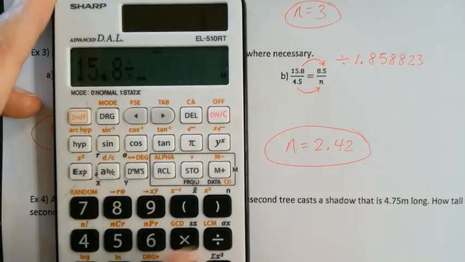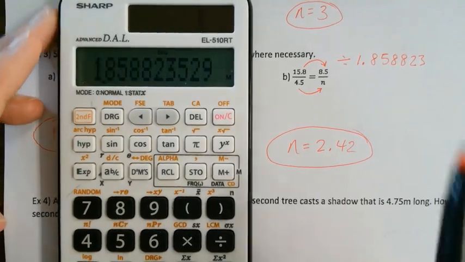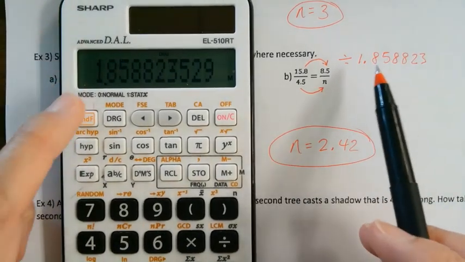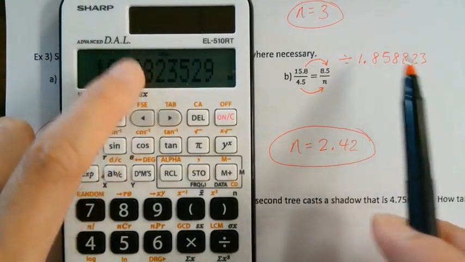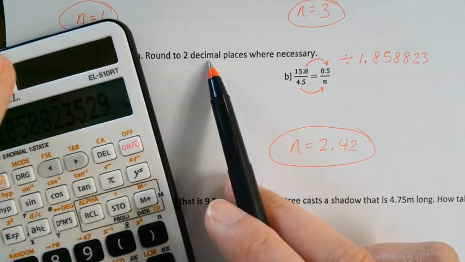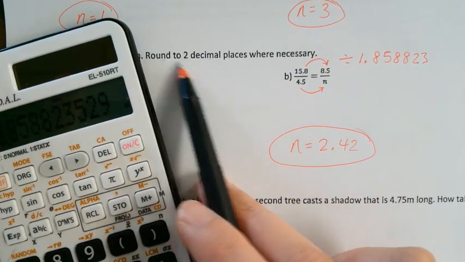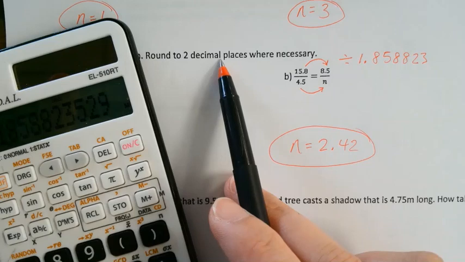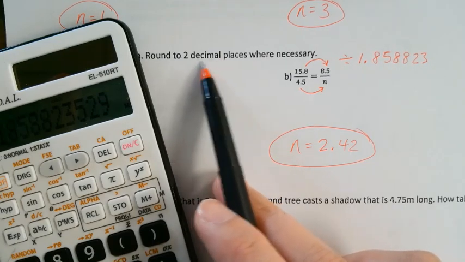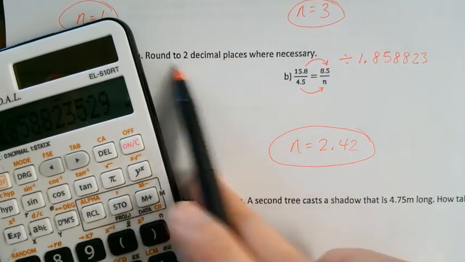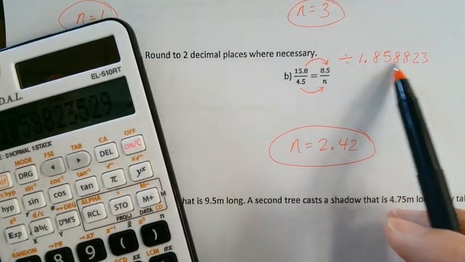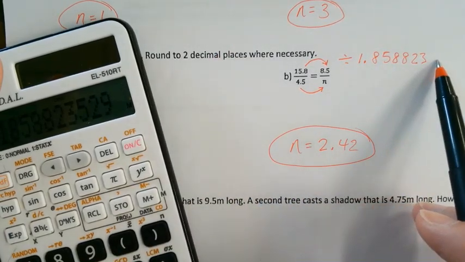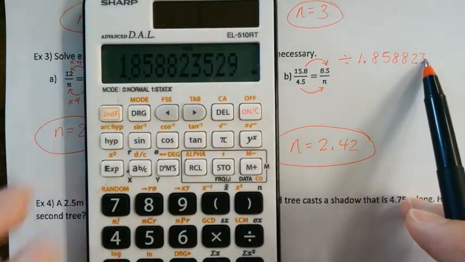Now, why did I write so many digits when the question says to just round to 2 decimal places? Whenever the question says round to 1 decimal place, 5 decimal places, it's the final answer. It always refers to just the final answer. Before the final answer, you want to take as many decimals as you can.